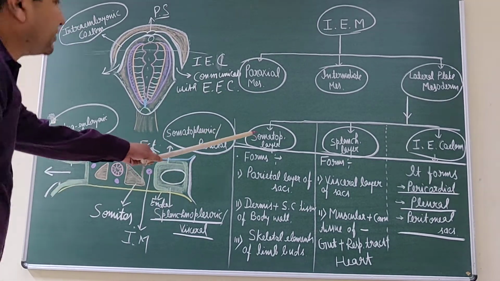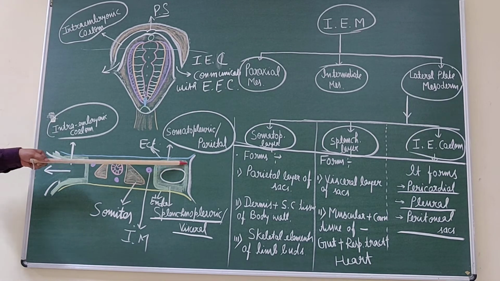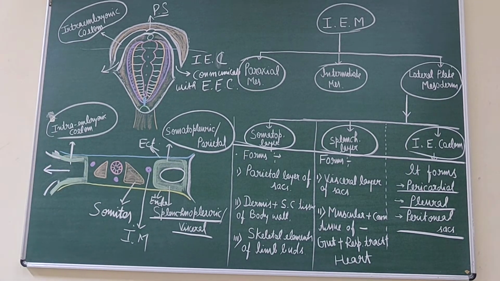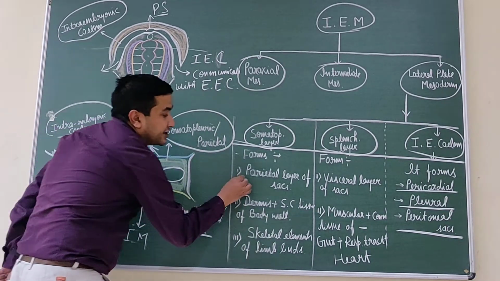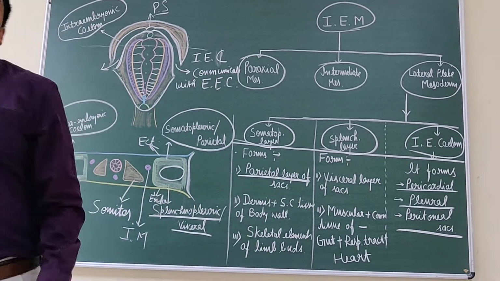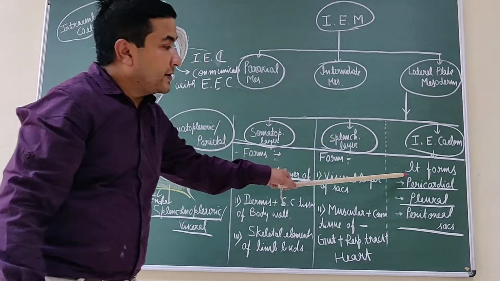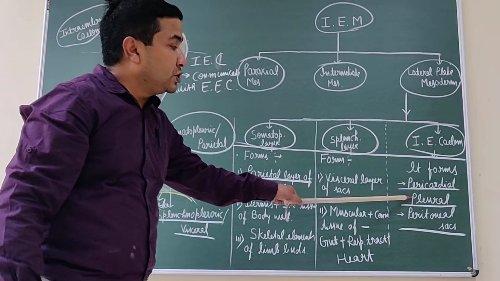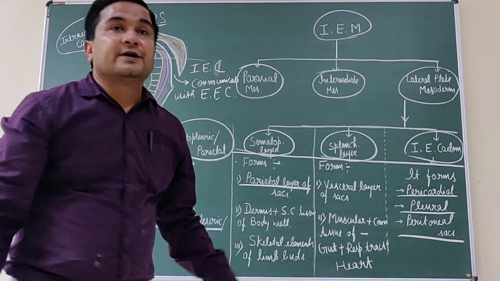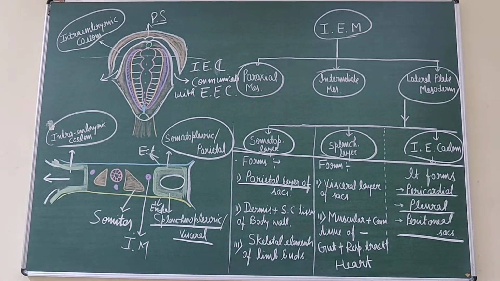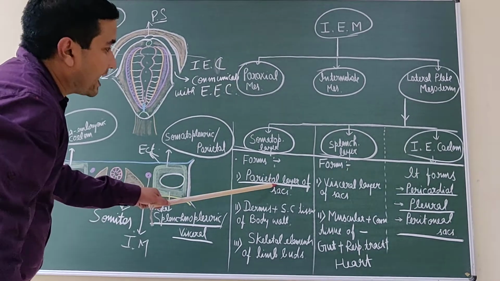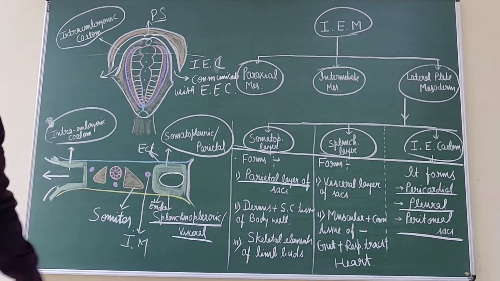This somatopleuric layer that is directed towards the ectoderm forms the parietal layer: the parietal layer of the pericardium, of the pleura and of the peritoneum. These three parietal layers are derived from this somatopleuric layer.